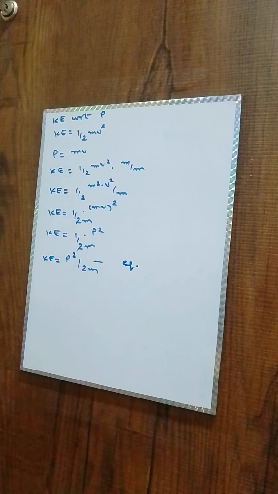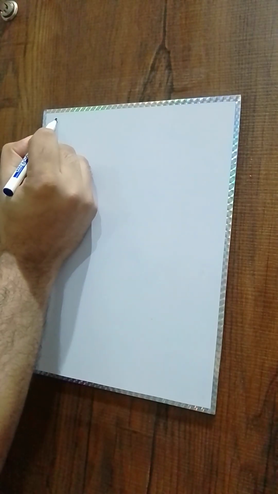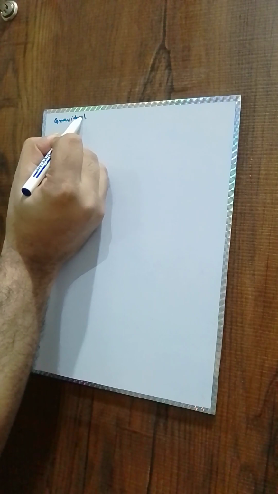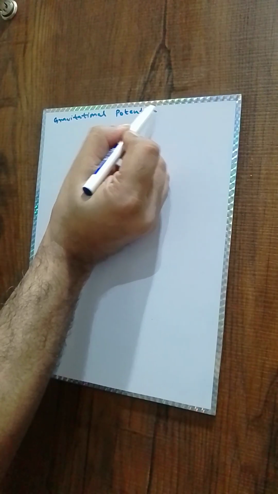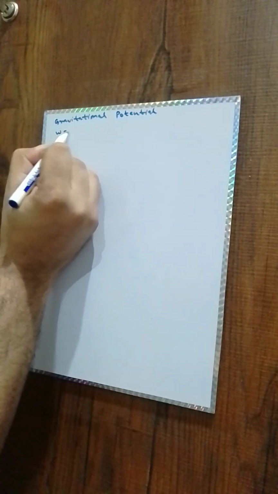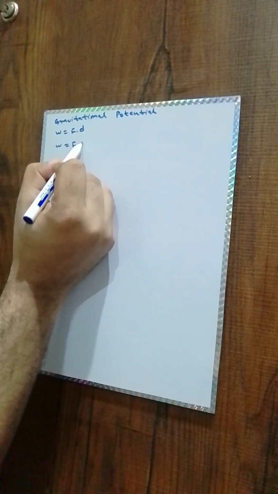Now gravitational potential, another interesting form. Work is equal to the dot product of force and distance, so F dot D, or F d cos theta.